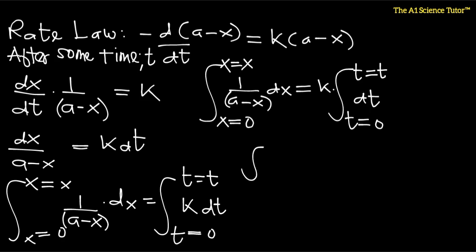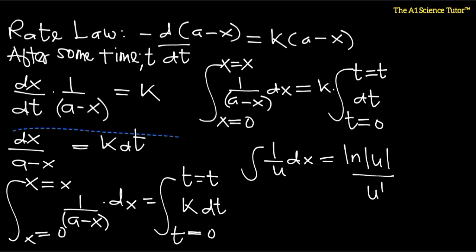Now, if I had the integral of 1 over u dx, what I basically need to do is to take the u and operate with the natural logarithm of it, and that will be divided by the derivative of u. So that is going to be written as u prime. So let us work it out.